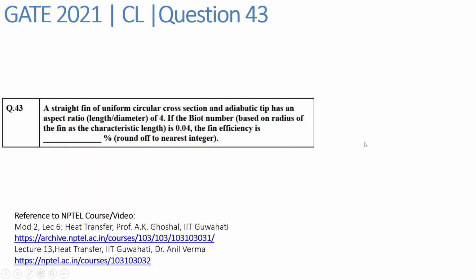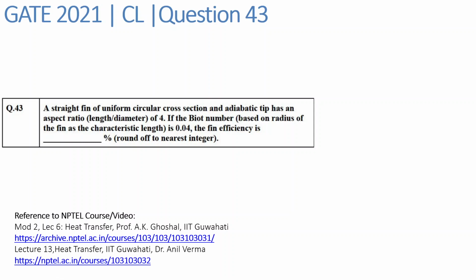So this is question number 43 of the GATE 2021 paper, and it is a numerical answer type question. So the question is, a straight fin of uniform circular cross section and an adiabatic tip has an aspect ratio, length by diameter, of 4. If the Biot number based on the radius of the fin as the characteristic length is 0.04, the fin efficiency is dash percent.